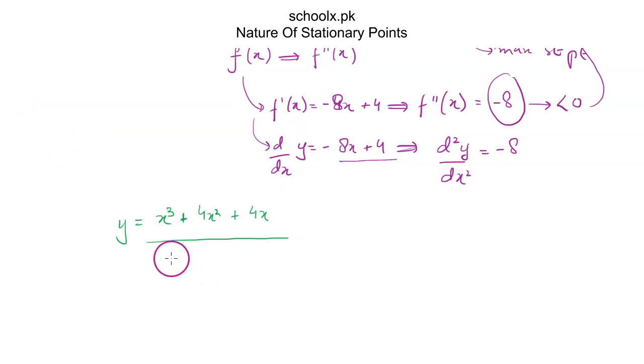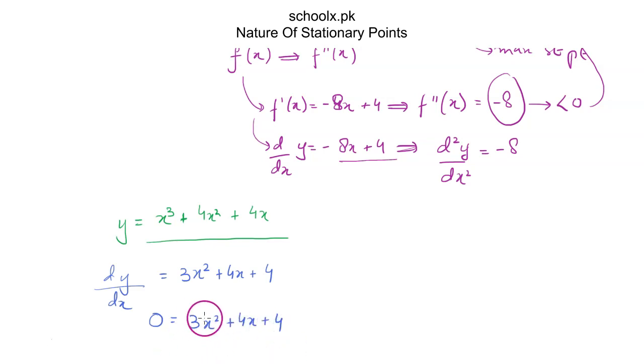First of all, we'll take the single derivative, d by dx of y, which is 3x squared plus 8x plus 4. We'll equate it to 0 because at the stationary point the gradient is 0.